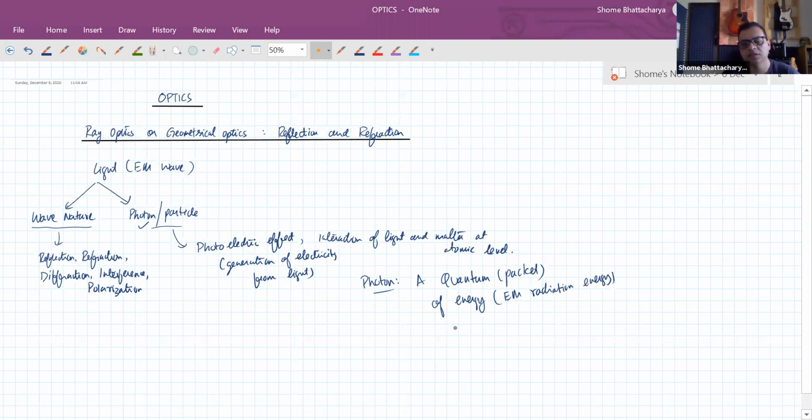It has energy equal to hc by lambda and linear momentum equal to h by lambda, but zero rest mass.